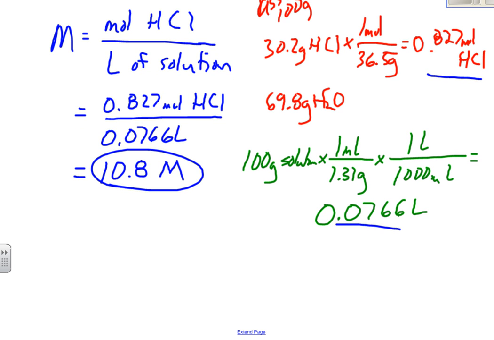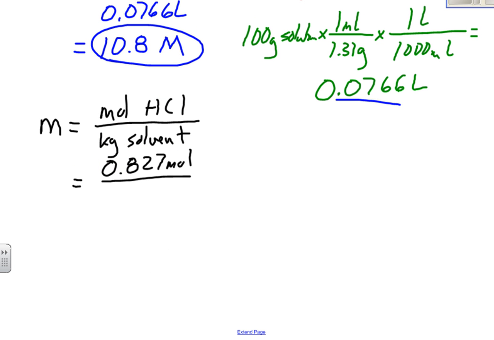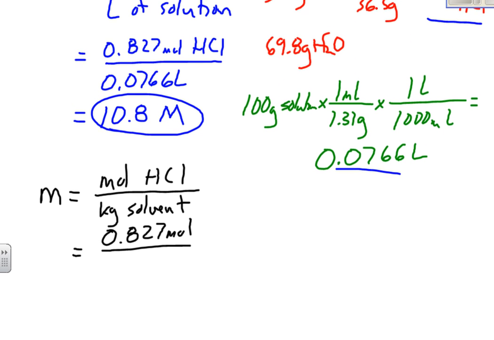Now, our molality, let's go ahead and do that in black. I've already done a lot of the work for that. Again, we've got moles of HCl. This time we've got kilograms of our solvent, which is going to be the water. So our moles of HCl, 0.827 moles. Our kilograms of solvent, where was our mass of water?